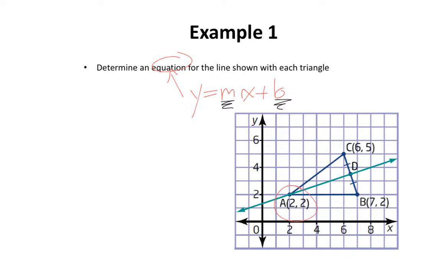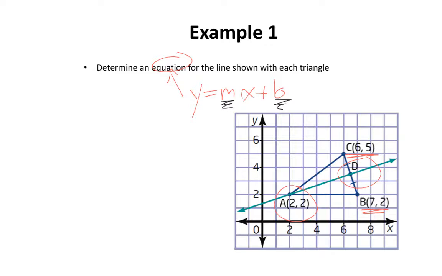We know 1 point on the line, and we know another point on the line, but we don't have the coordinates for point D. But we do have these two coordinates, and since D is the midpoint of line segment CB, we can easily use the midpoint equation to find the coordinates of D.